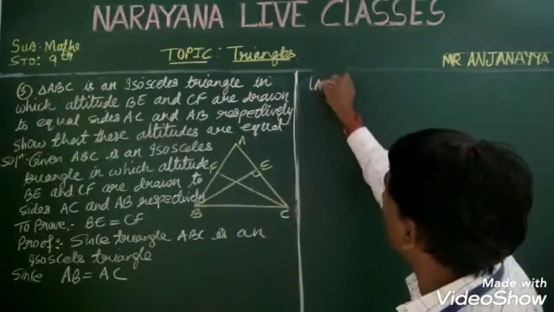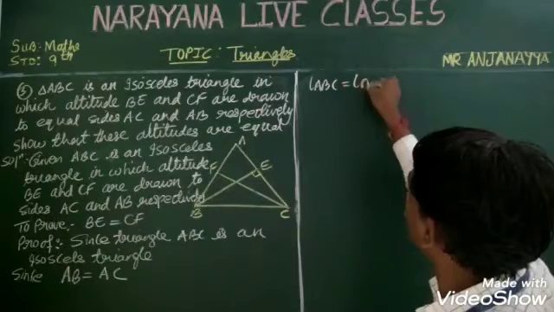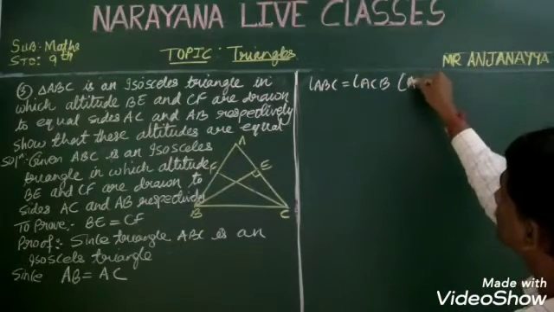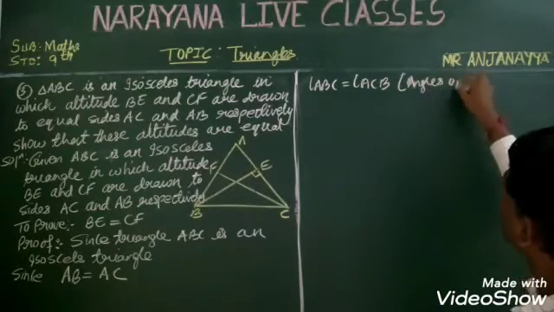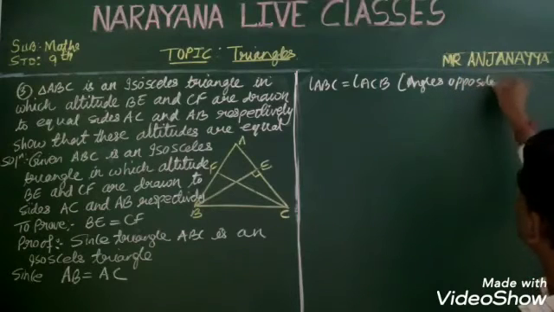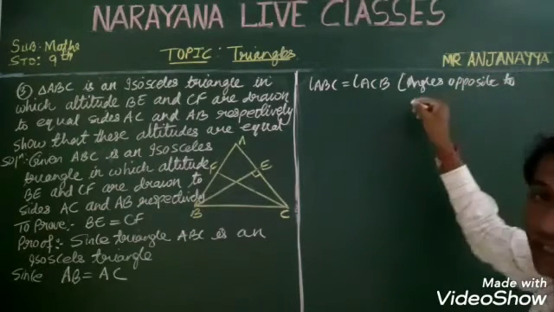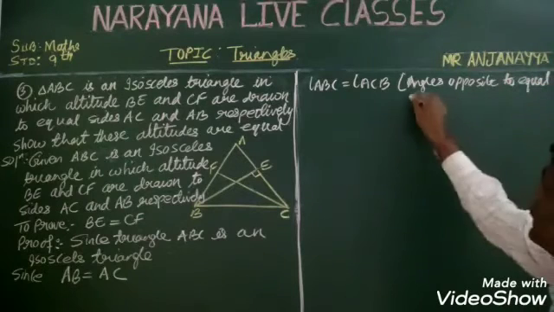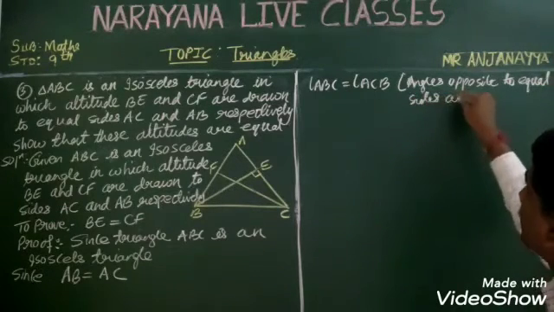So I can say angle ABC is equal to angle ACB. Reason: angles opposite to equal sides are equal.